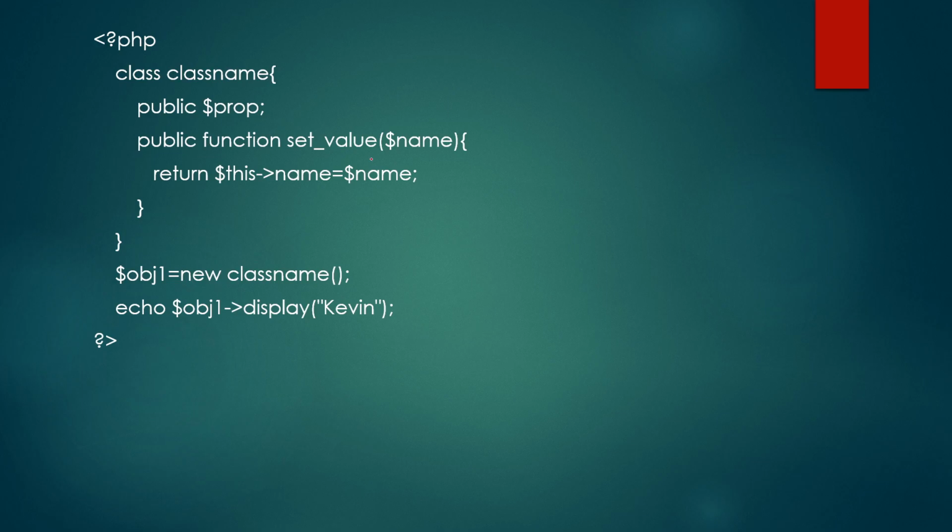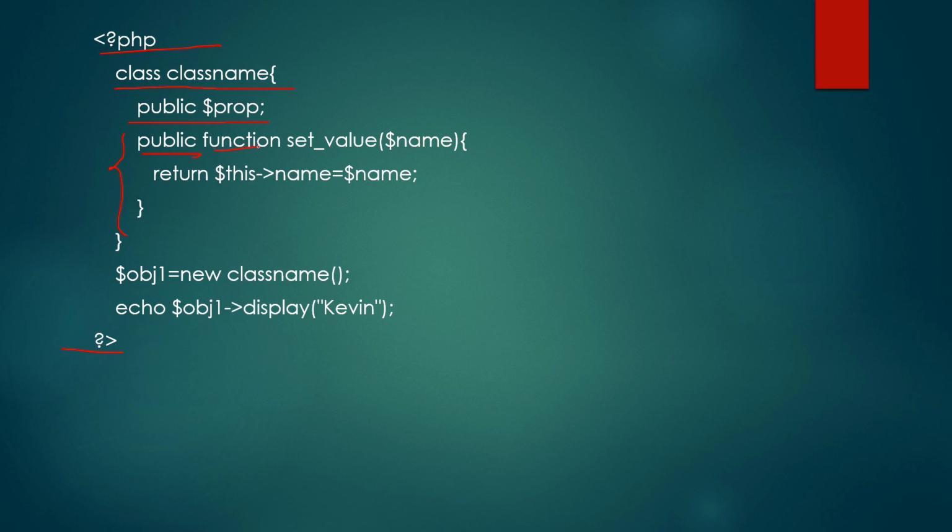We have another example wherein we are using a method to set a variable. We have PHP tags, inside which we have a class called class name. We have one property or one variable, and we have a function which is public, meaning this function will be accessible anywhere in my program.